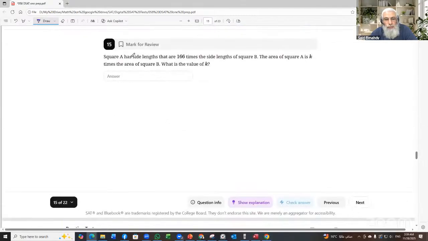The square A has side lengths that are 166 times the side lengths of square B. So we have square A, whose side lengths are 166 times the side lengths of the very small square B. If B's side length is x, the side length of A is 166x.